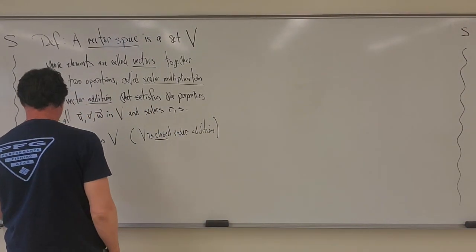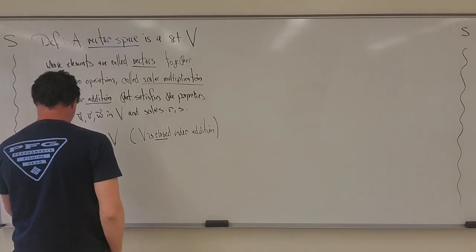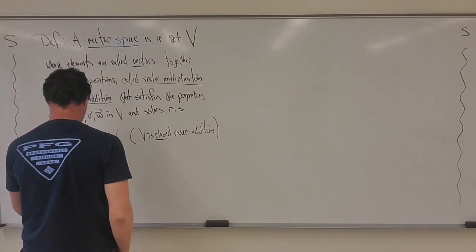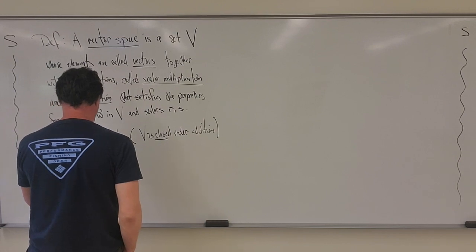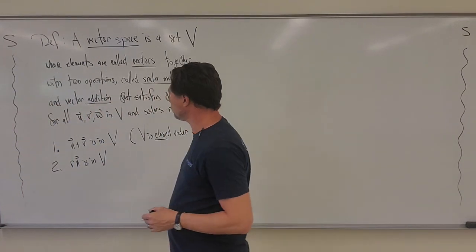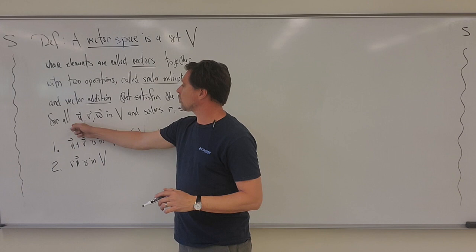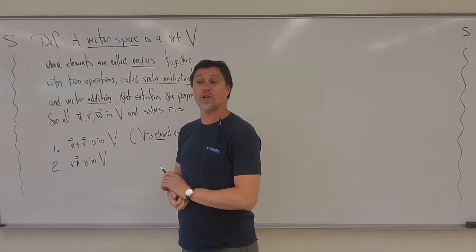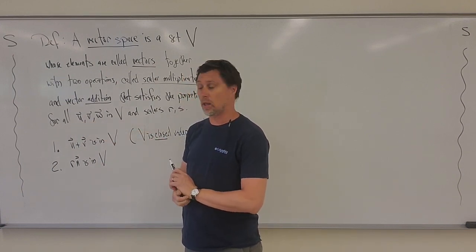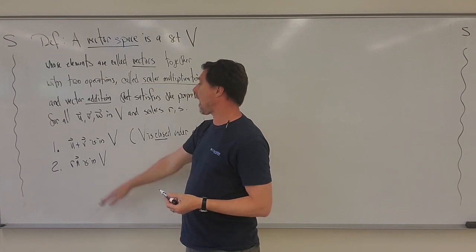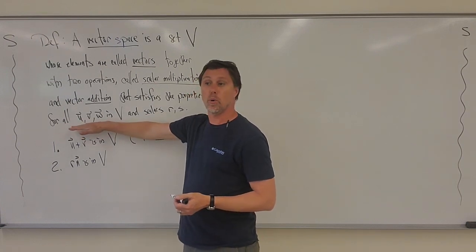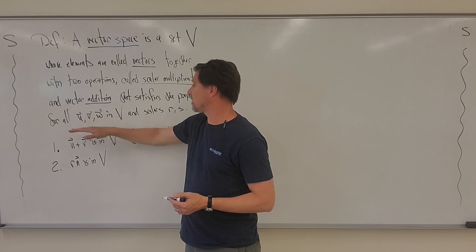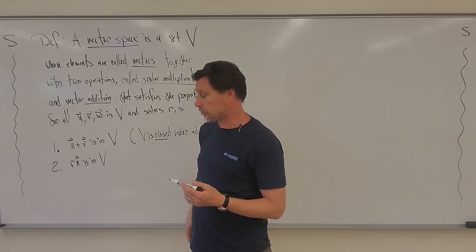The second property, R times u is in V. Oh, I should point out here, notice I'm writing arrows over the u, the v, and the w, just as I did before when we were talking about columns. So when we discuss vectors, I will put little arrows, your book will boldface the letters, right? So those are the symbols that we'll use for vectors.